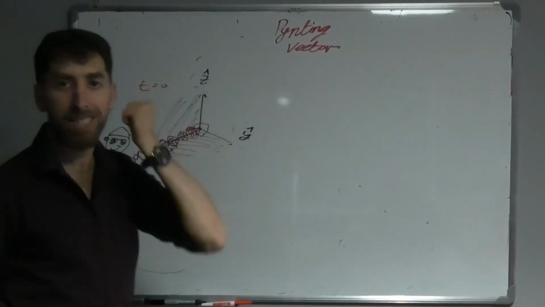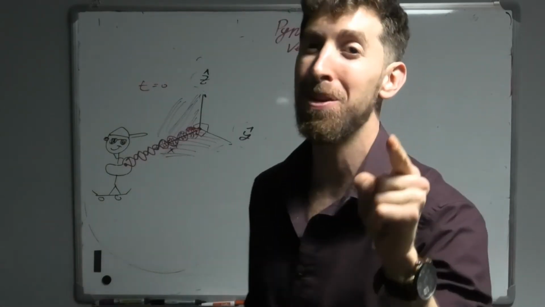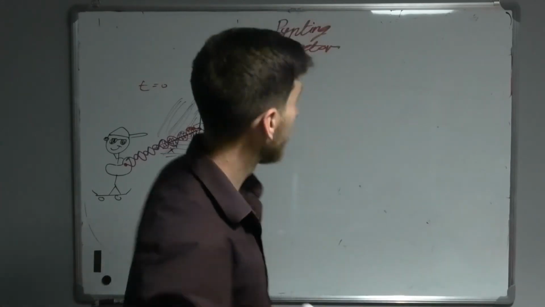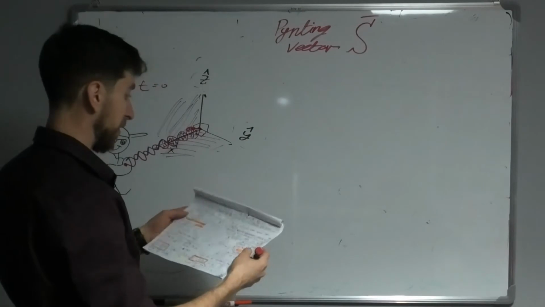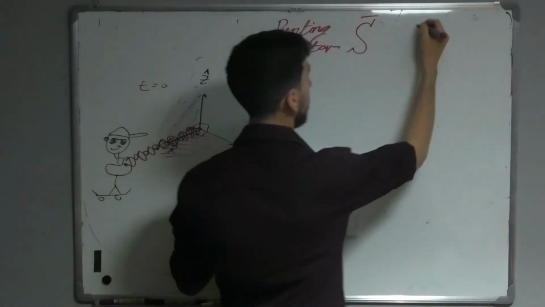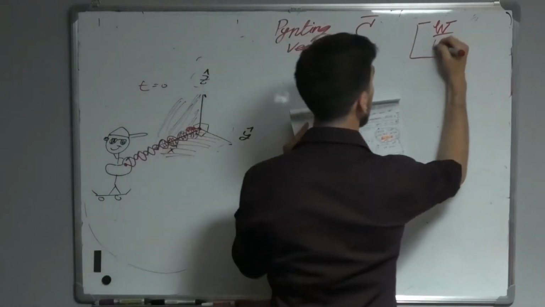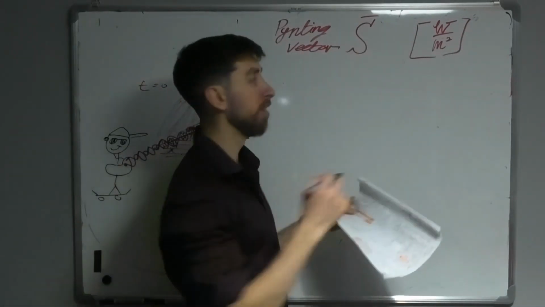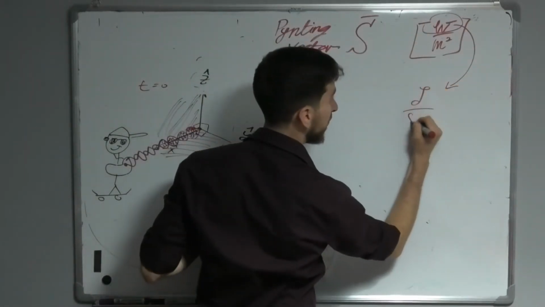If you want to understand what something is in physics, you say, wait a minute, tell me the units. If you know the units, you know what it is. So what is the unit of the Poynting vector? We denote it with S, it's a vector, and the unit is watt per meter squared. And what is a watt? Funny. A watt is actually joule per second.